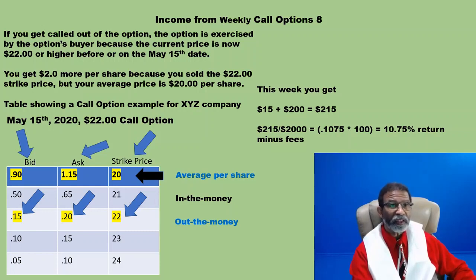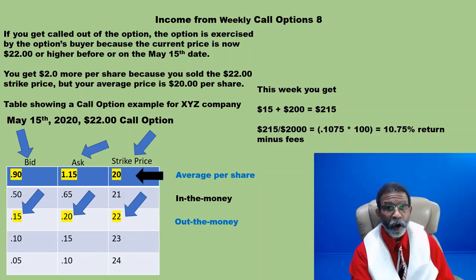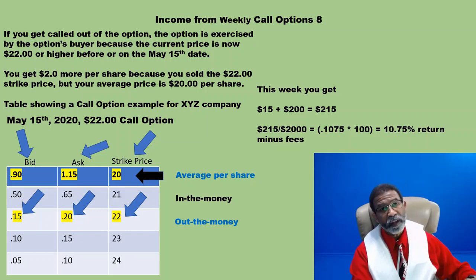So in this case, this week you would get the $15 because you sold the $22 covered call at 15 cents a share. Also, because you got called out, you get $2 a share more because your average price is $20 a share. So $15 plus the $2 a share, which, since you have 100 shares, is $200.